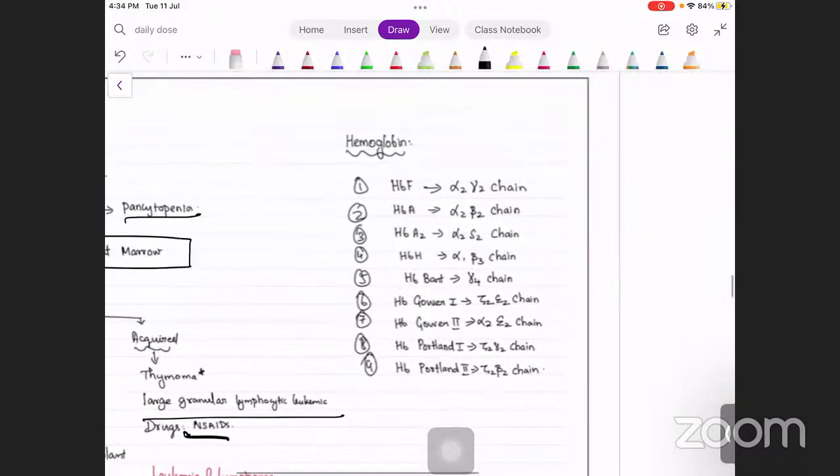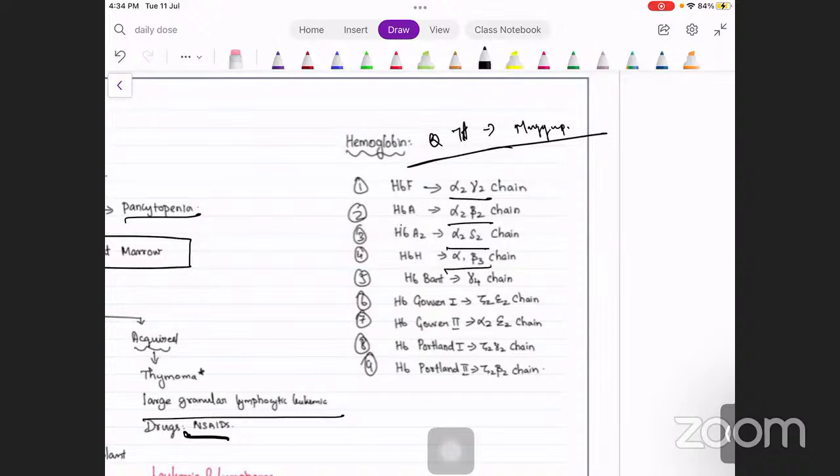You have different varieties of hemoglobin and their chains. A pretty important, 7-star rated, mug-up topic. You should not miss it. Hemoglobin F is alpha 2 gamma 2, A is alpha 2 beta 2, A2 is alpha 2 delta 2, HbH is beta 4, Hb Bart's is gamma 4, Gower 1 is zeta 2 epsilon 2, Gower 2 is alpha 2 epsilon 2, Portland 1 is zeta 2 gamma 2, and Portland 2 is zeta 2 beta 2.